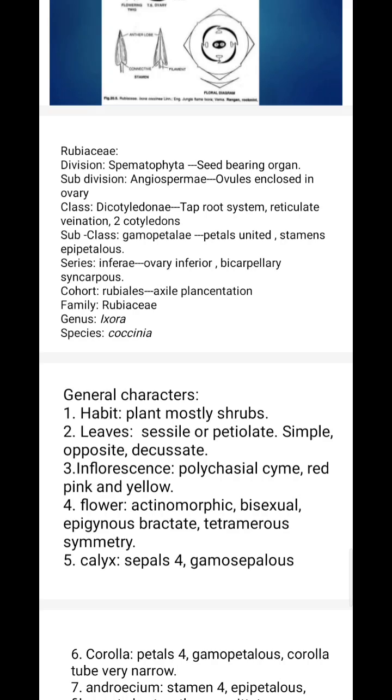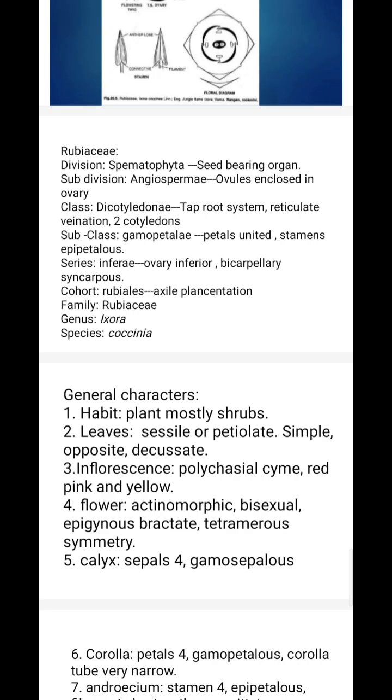Then class is Dicotyledonae. Its characters are usually the taproot system, reticulate venation, and having two cotyledons. Then next is the subclass Gamopetalae, that means petals are united and stamens are epipetalous. That means the stamens are attached to the petals.